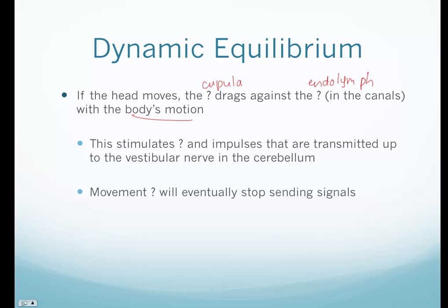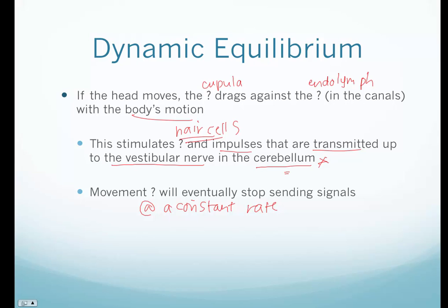Okay, and this is going to stimulate hair cells and trigger impulses that are going to be transmitted up the vestibular nerve towards the cerebellum, so we can also help direct the situation and movement of which direction we're going. Now this movement, at a constant rate, will eventually stop stimulating these hair cells to send messages up to your cerebellum.